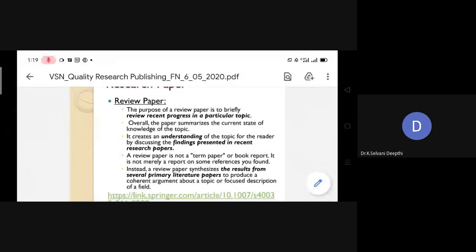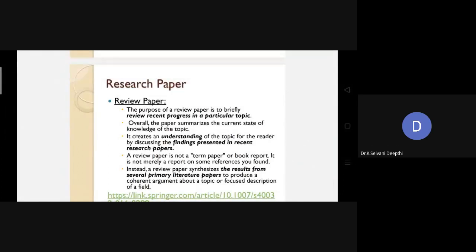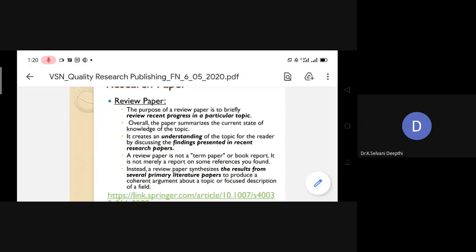In that review paper, what we have to do is collect all the material relevant to that. If you collect 6 papers, and in those 6 papers you have 6 methods, you have to compare those methods. In a review paper there is no new research, but we have to study the given or downloaded papers.